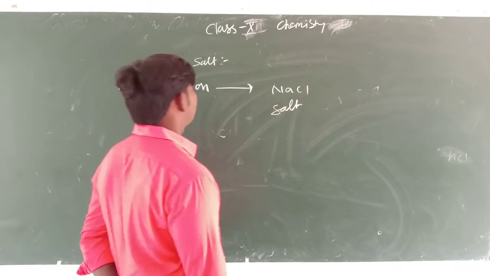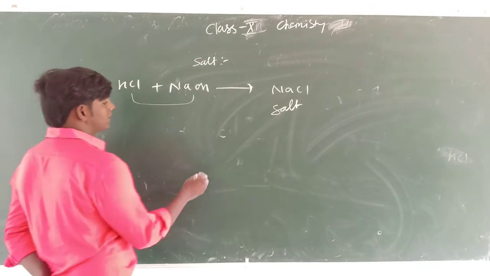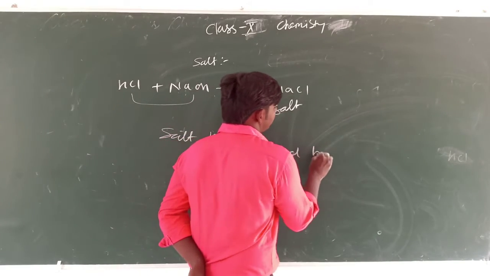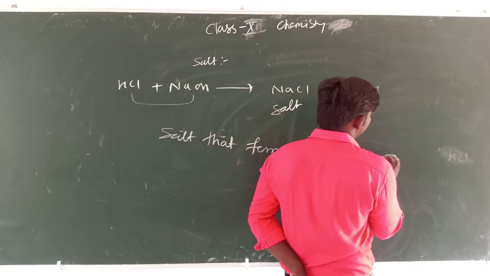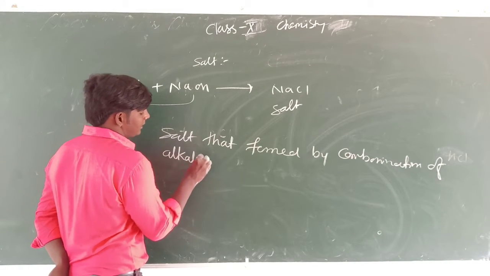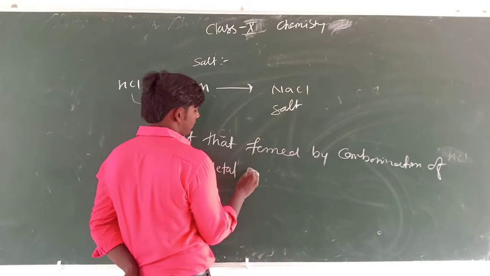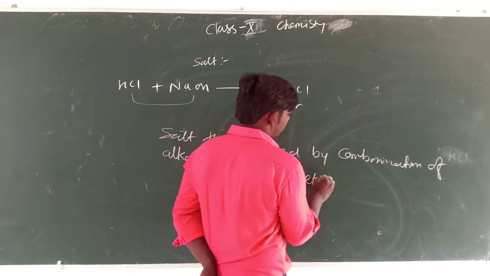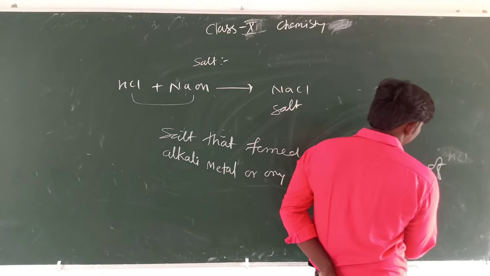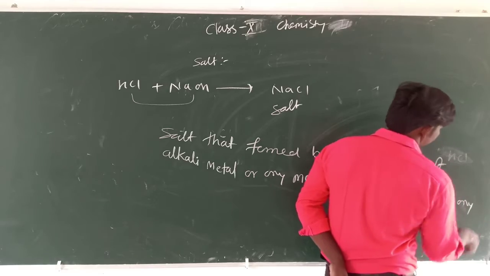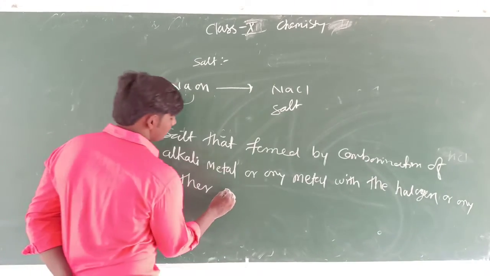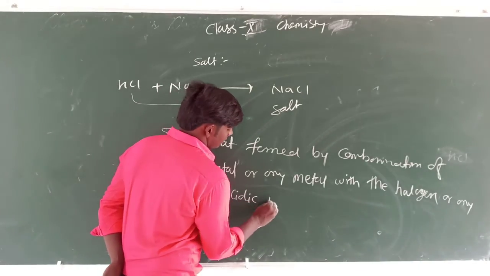Okay. You can say it like this: salts are formed by the combination of an alkali metal or any metal with a halogen, or any other acidic ion.